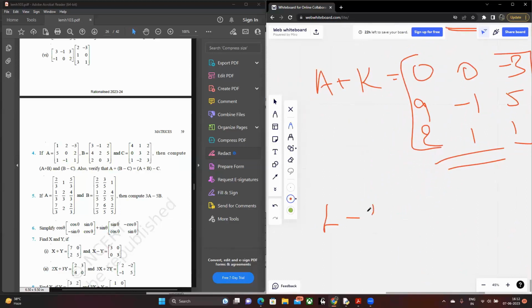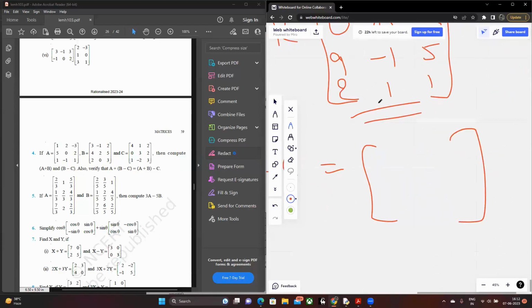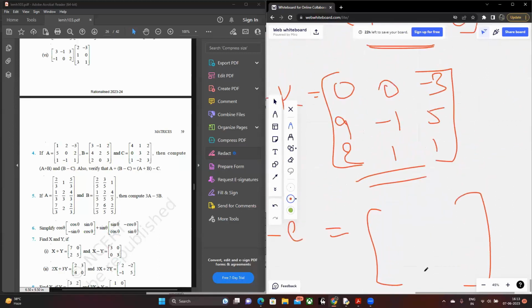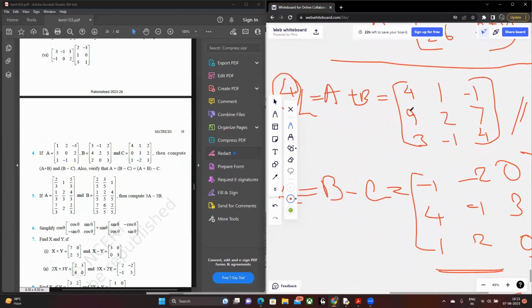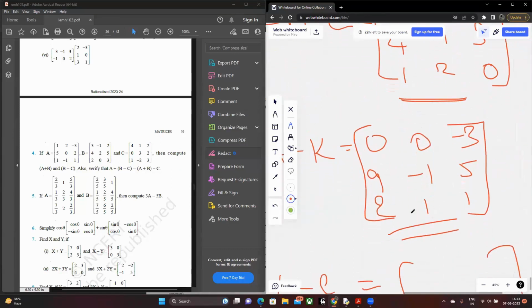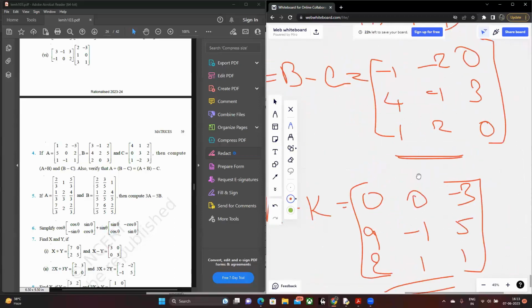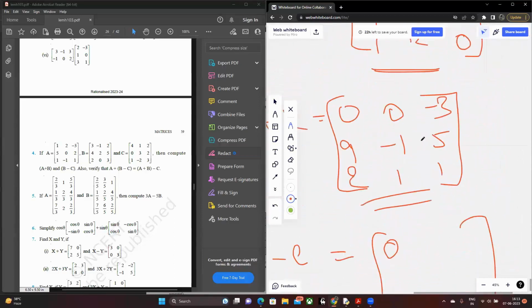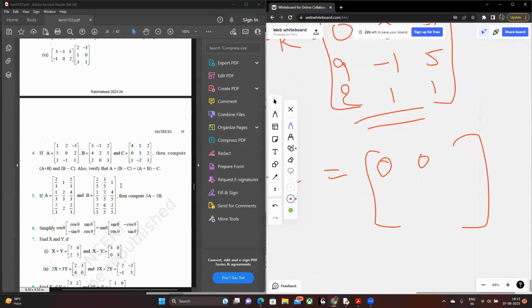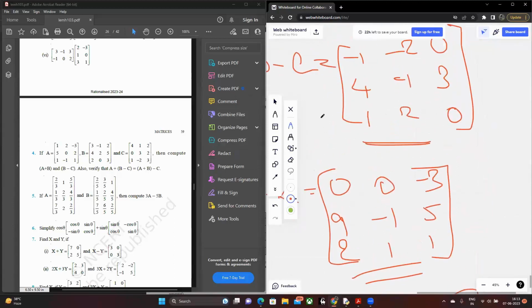And L minus C is going to be equal to, again, since both the entities are 3 cross 3 matrices, they'll have a 3 cross 3 matrix as the answer. Right? L is going to be 4, 1, minus 1, 9, 2, 7, 3, minus 1, 4. And that minus C is going to be equal to 4 minus 4 is 0. 1 minus 1 is 0. And then it's going to be L minus C, right?